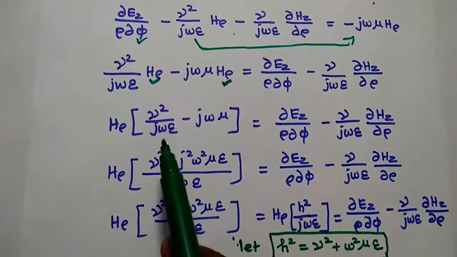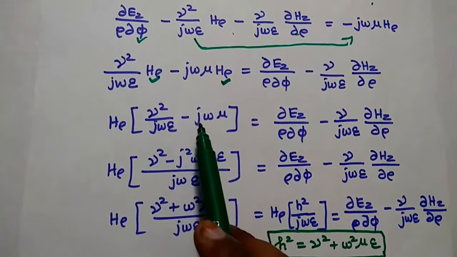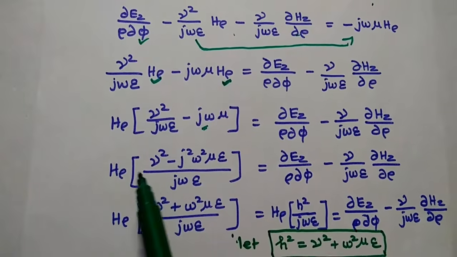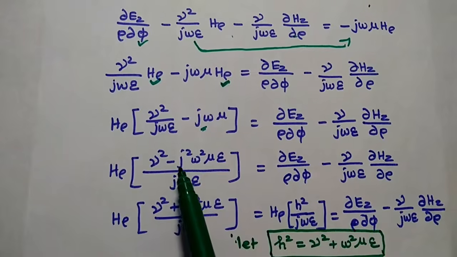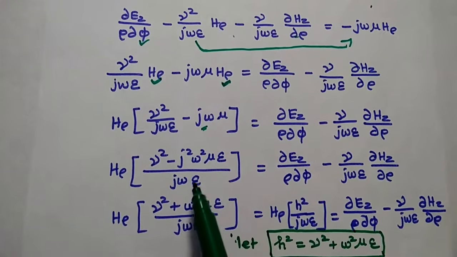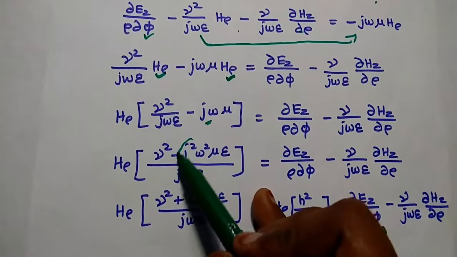Okay, so next we have to take this jωε as a common one. So then we have to multiply this term with this jωε. Then we can get Hρ into (γ² - j²ω²με) divided by jωε. So here minus j squared.